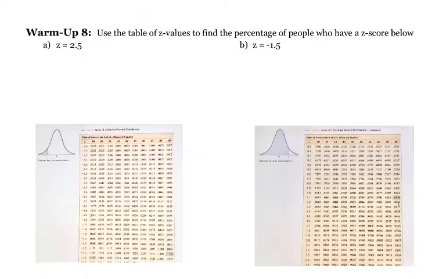So in your book, you have these very large z-score tables, and these tables are going to be pretty imperative in order to answer a lot of these questions. And so what we can do is we can use the table of z-scores and z-values to find out the percentage of people who have z-scores below certain z-values.